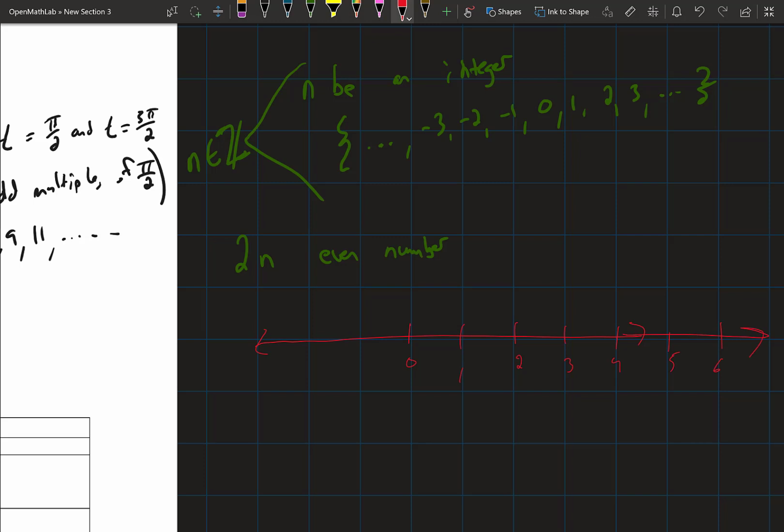With the whole numbers, we're going even, odd, even, odd, even, odd, and so forth. That's going to continue. So what we can say is that 2n plus 1 is going to guarantee it's an odd number. So that's what we're after.